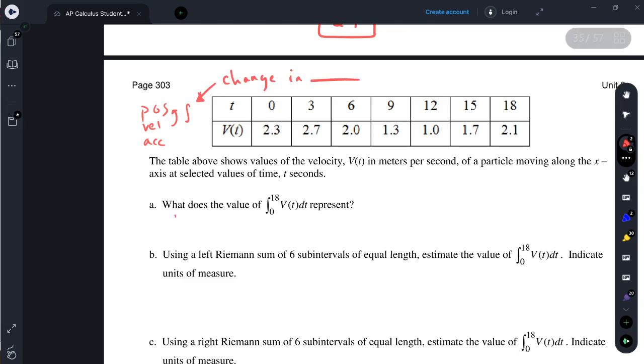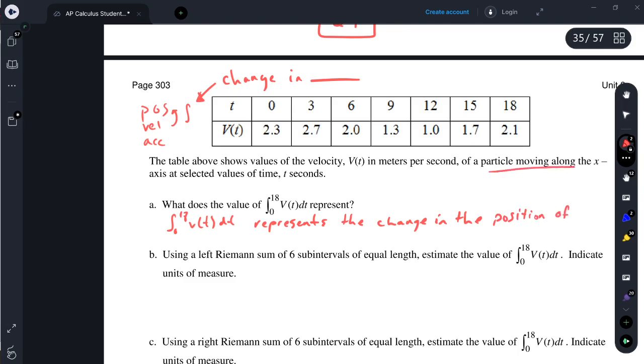So I'm going to say the integral from 0 to 18 of v of t dt represents the change in the position of, and I'm going to kind of use this, the particle along the x-axis.